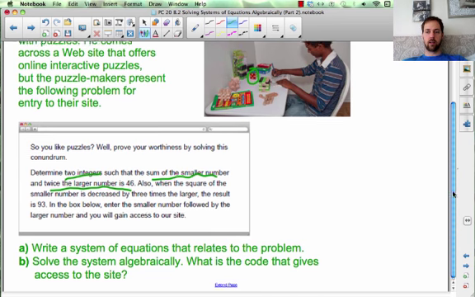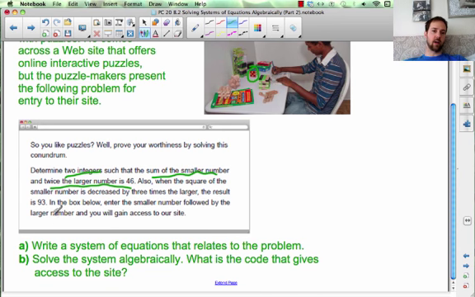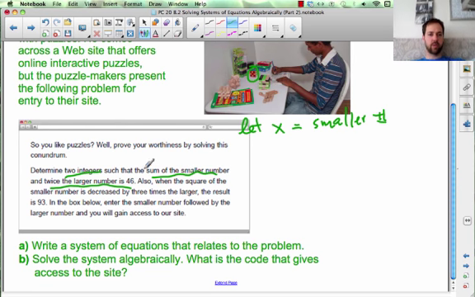Yikes. Okay. Start by writing down what we know. Two integers. Let x equal smaller number. Okay. So, two integers.